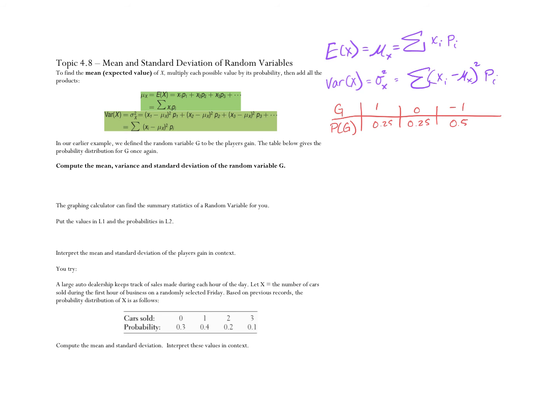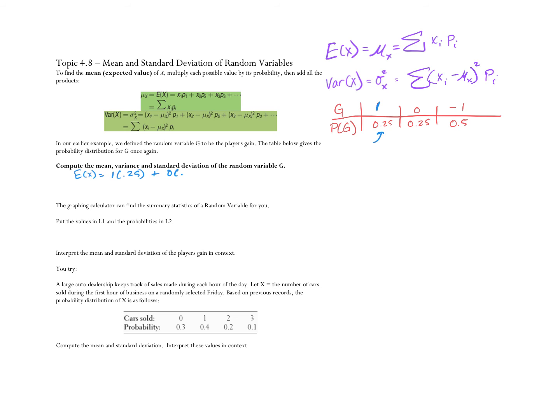So here's what we're going to do. To find that expected value of x, we're going to say, hey, when x was 1, the probability was 0.25. So you can do 1 times 0.25 plus.